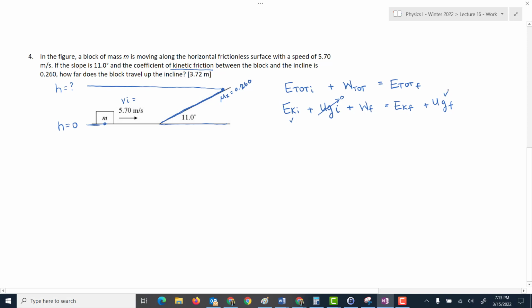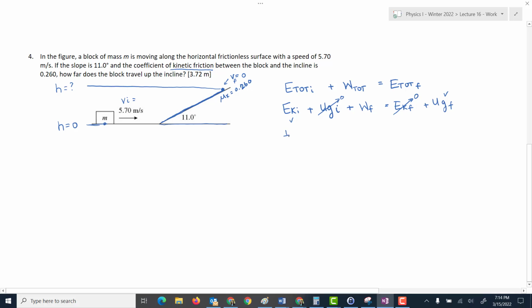But it does say how far will it travel up the incline. So we're assuming it's going to come to a stop at some point, and that's when it reaches its highest point. So when it gets to the highest point, the final speed would be 0. Okay, so then that means that EK final would be 0. So now our equation is a little bit different. So we'll put in all the formulas.